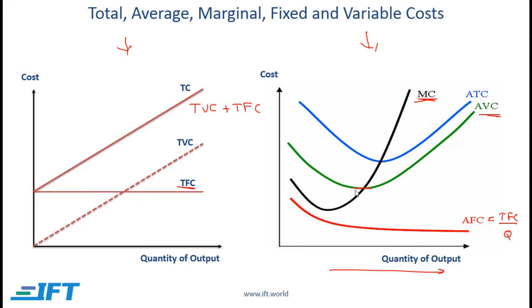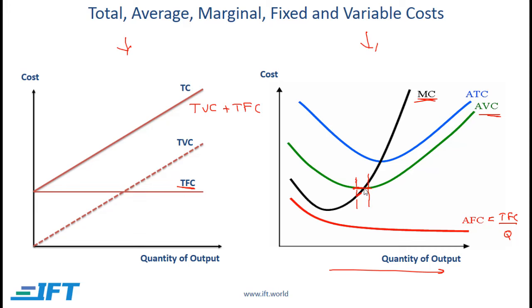And this must be the case because if you consider a point to the left of the intersection, the marginal cost, which is the cost of producing an additional unit, is less than the average variable cost. And that means that the average cost is being pulled down. On the other hand, to the right of the intersection, the marginal cost is higher than the average variable cost, which means that the average variable cost will be pulled up.